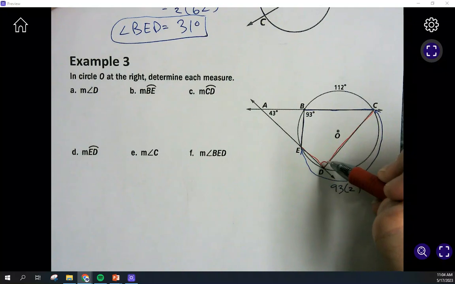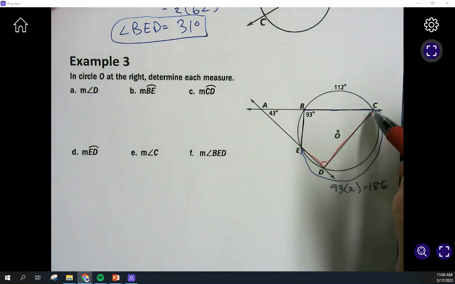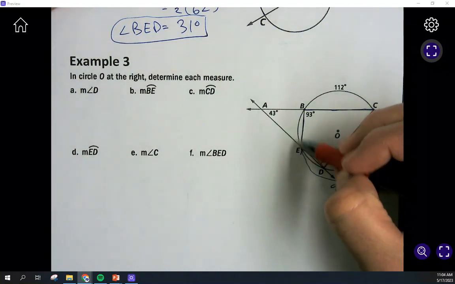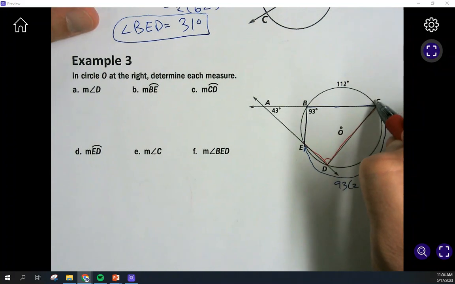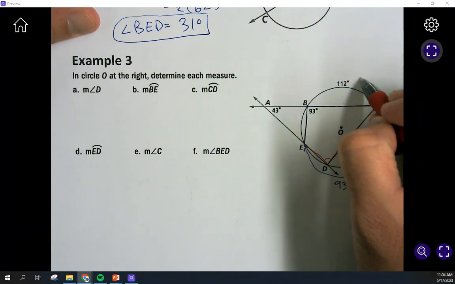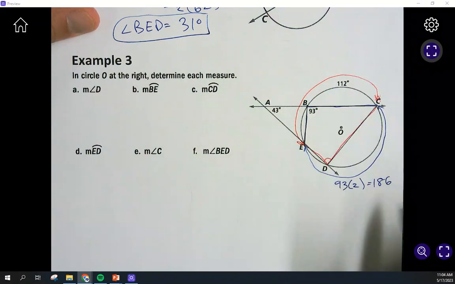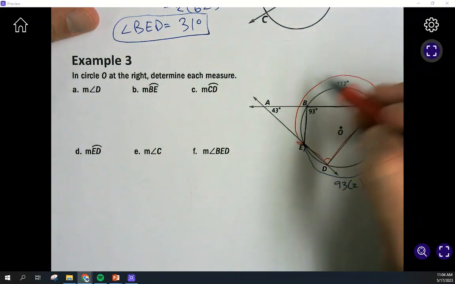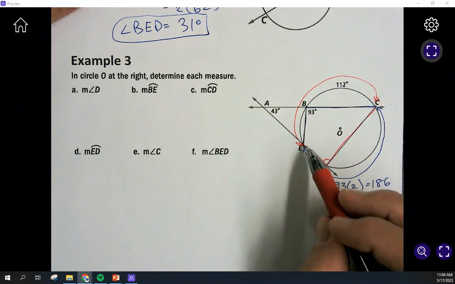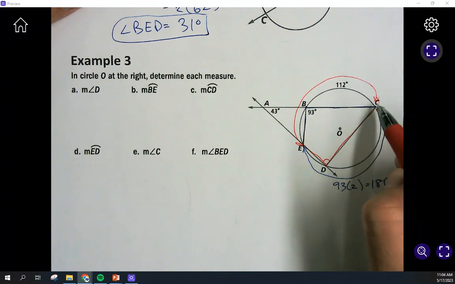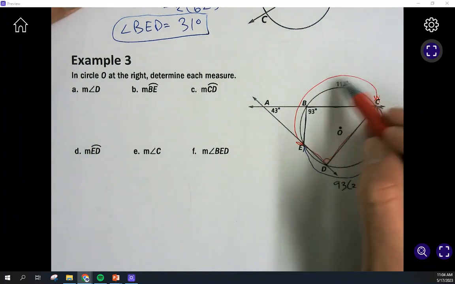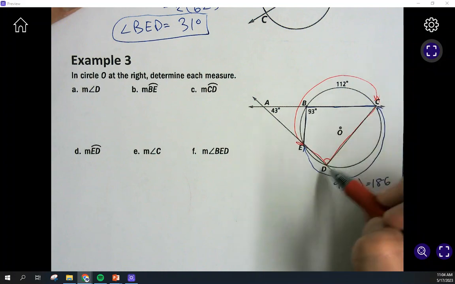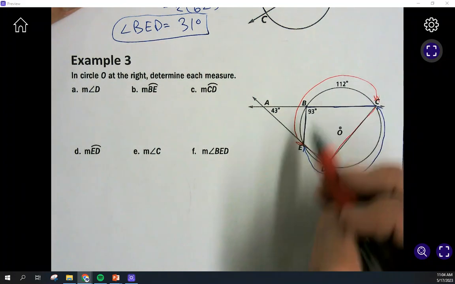The arc I'm looking for to find angle D is the rest of the circle. It goes from C all the way to E. So these two arcs together have to equal 360. I've got the 186 from E to C. Now from E to C on the other side, that's going to create this angle D. Has to be the rest of the 360.